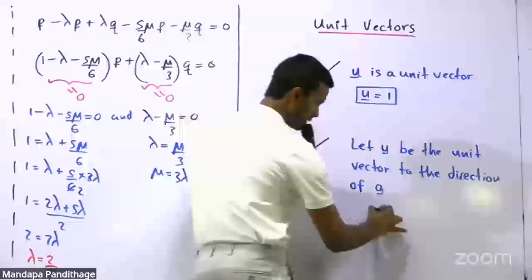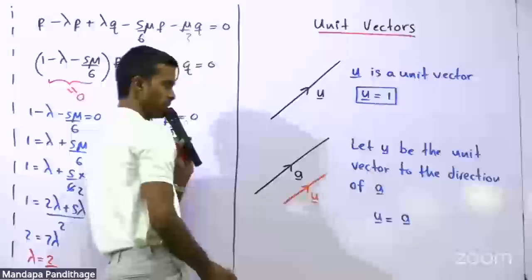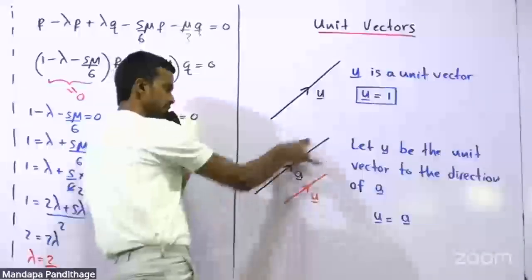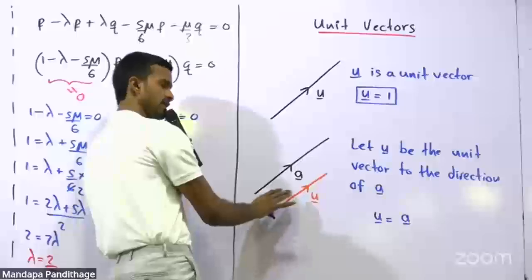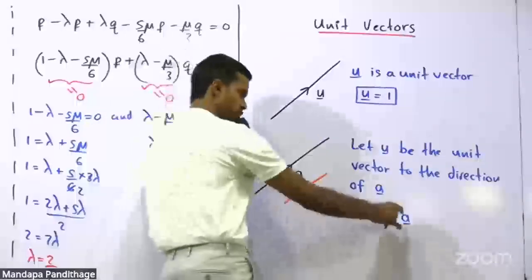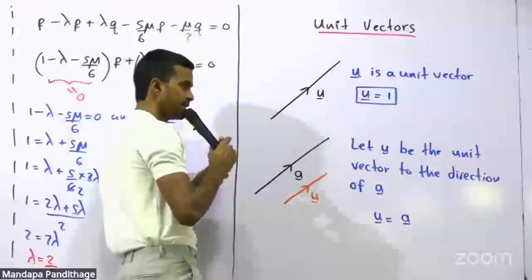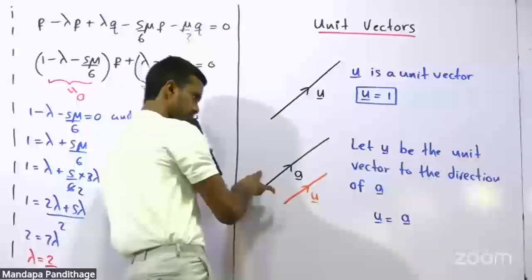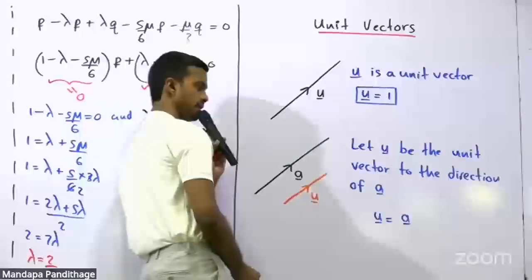I'm writing that u is equal to A. What I want is this: we have this vector A, and I need to find the unit vector to the direction of vector A. So if I write u is equal to A, it's 50% correct because I know a vector consists of a direction and a magnitude.